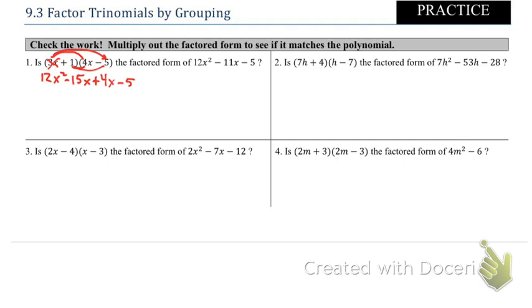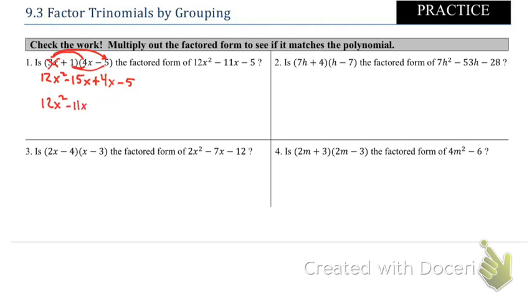And then this next step, we want to combine like terms. So we're going to combine these terms here. Okay, so 12x squared, there's nothing to combine with 12x squared. Negative 15x and positive 4x, that gives me negative 11x.